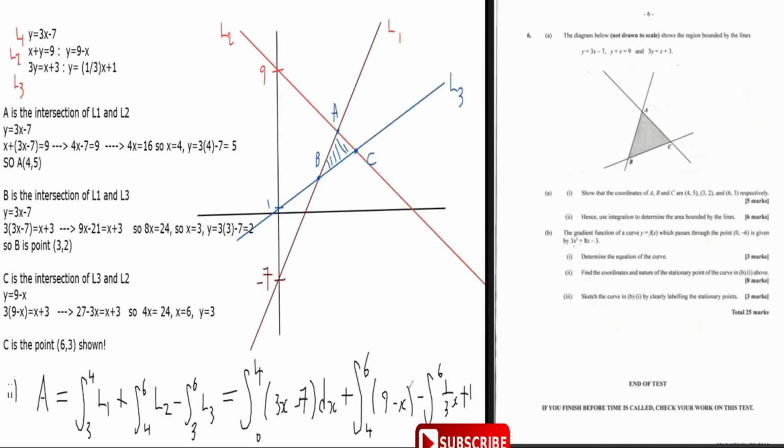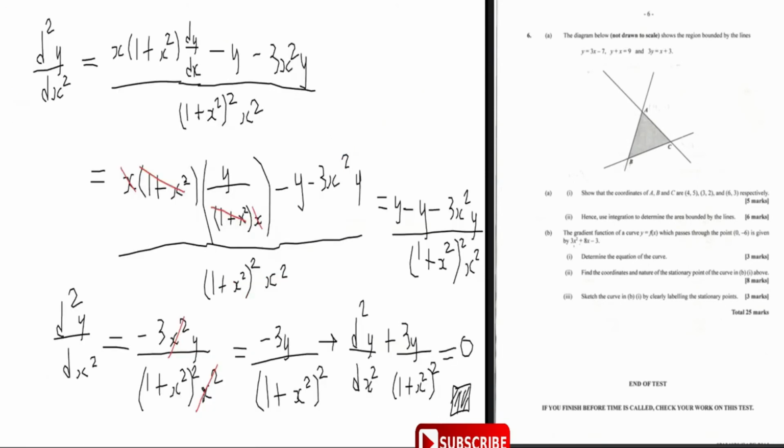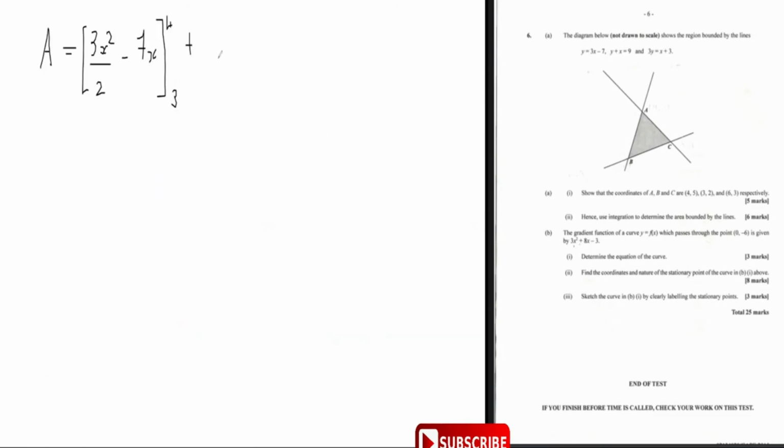When we integrated L2, we're going to get 9x minus x squared over 2, integrating from 4 to 6.